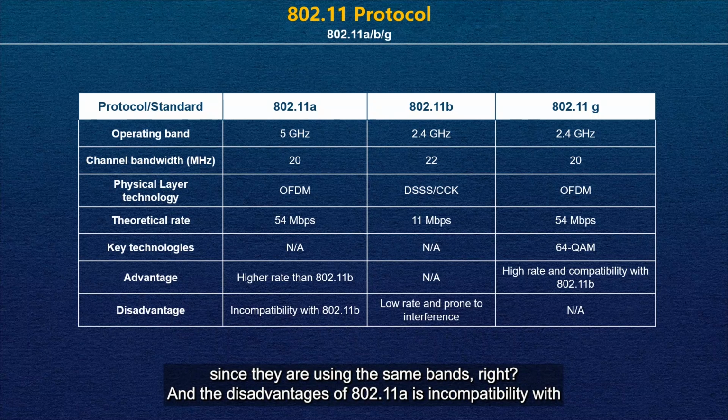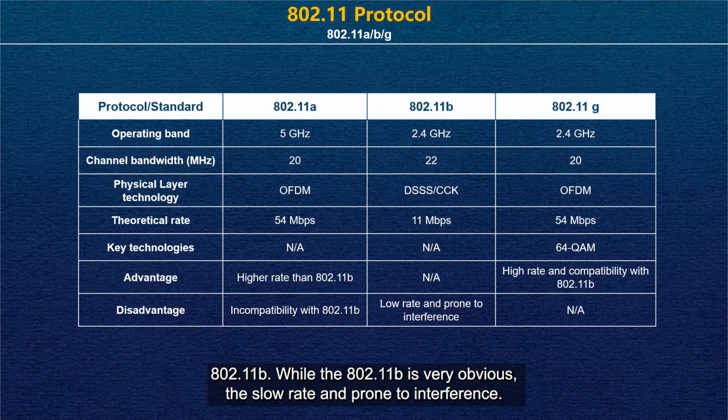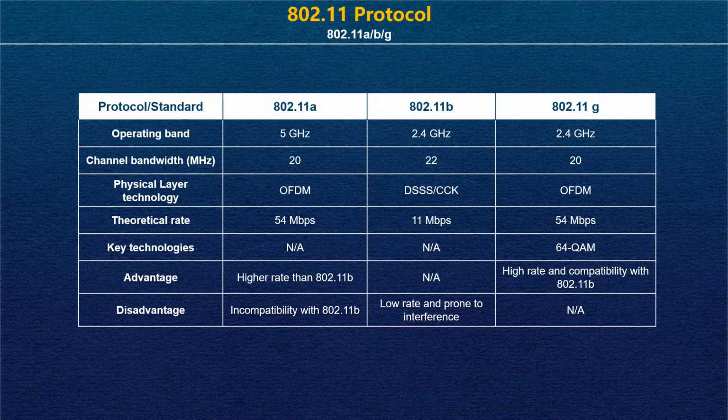And the disadvantage of .11a is incompatibility with .11b, while .11b's disadvantage is very obvious, right? The slow rate and being prone to interference.